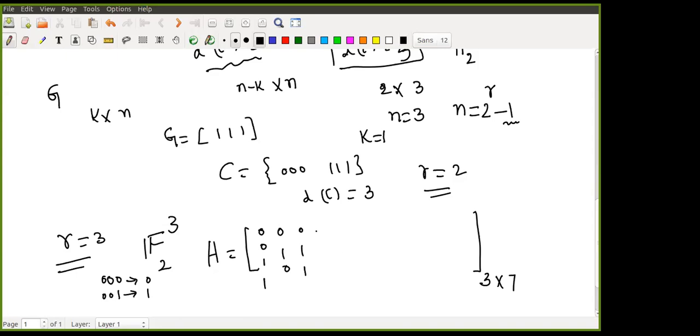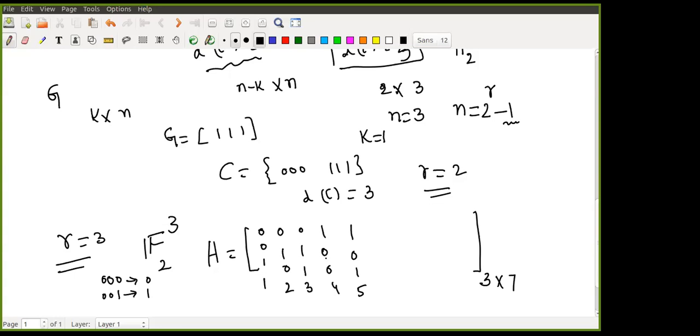Sneha, can you tell me the next column? 100. Next, can you tell me the next column? 101. Okay, correct. This is a 5, right?